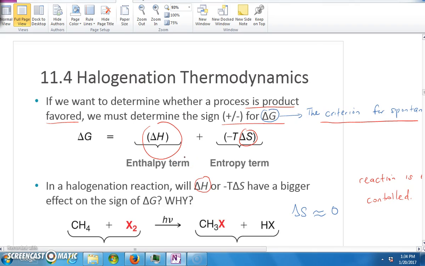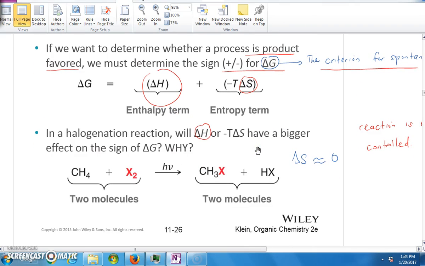If you look at the halogenation reaction, in this case the monosubstitution of hydrogen with chlorine to yield the monochlorinated product and a hydrogen halide, you can see that the delta S is 0 because there's really no change in entropy.